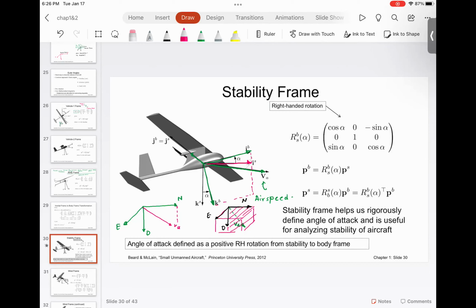Please try to understand, because of the sign convention, angle of attack is always assumed in the left-hand coordinate frame, and that's why, as you can see, that sign is negative.